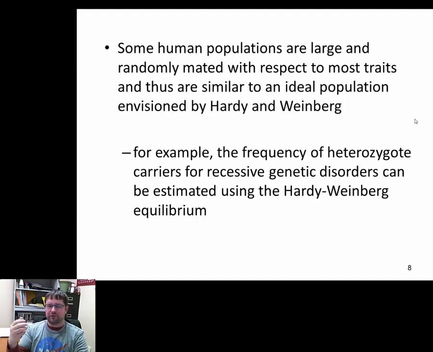Part of that reason is because we have complete random mating, and the population is really large, so you still have these recessive traits that are hidden in the heterozygotes and just keep being carried on and on, and there's really no cost to having those recessive genetic disorders in the population.